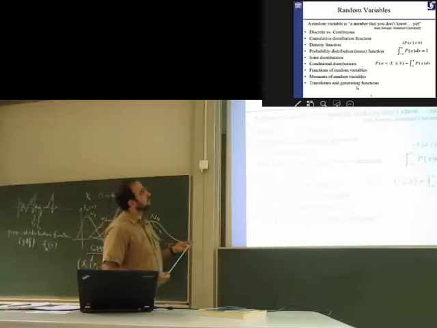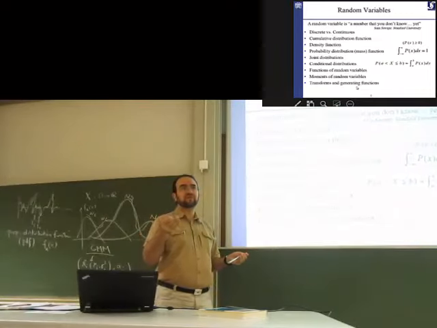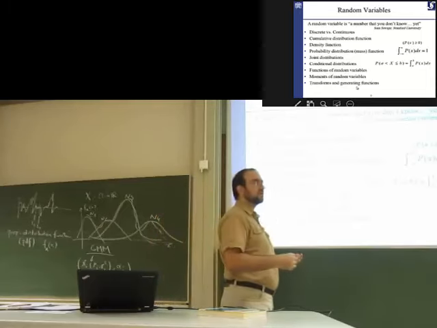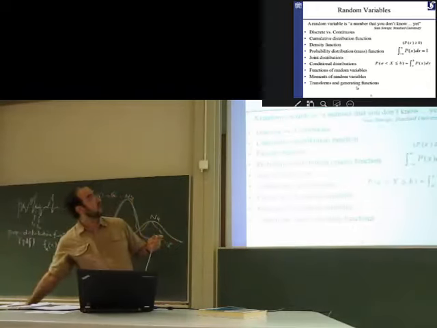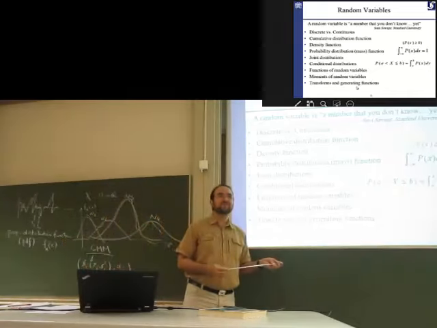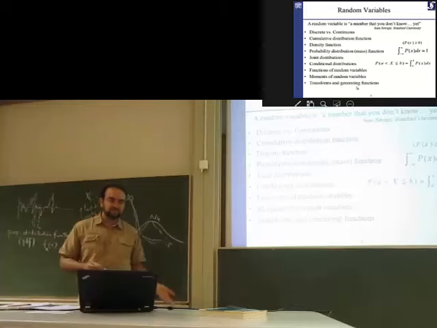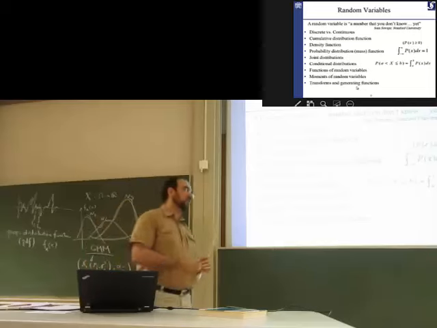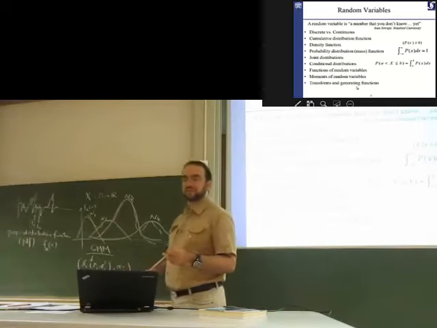So, what is a random variable? You might know that because you have probably already passed the course on probability theory and statistics, an undergraduate course. So a random variable, as mentioned by Sam Savage at Stanford University, is a number that we don't know yet. There are different types. We have discrete random variables, and we have continuous random variables. For example, when you are dealing with a coin toss, that's a discrete form.